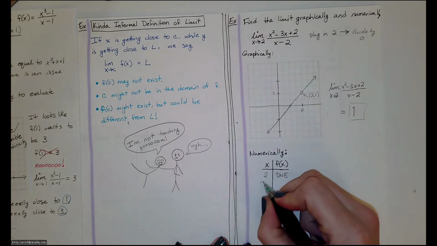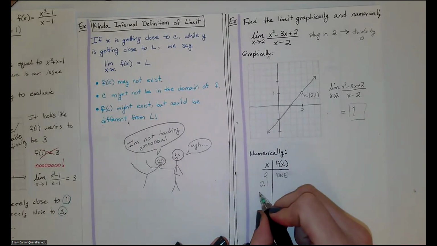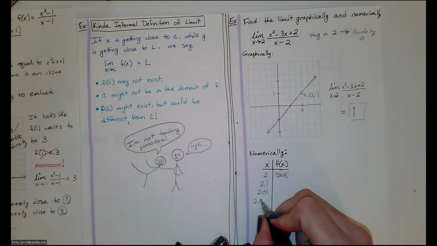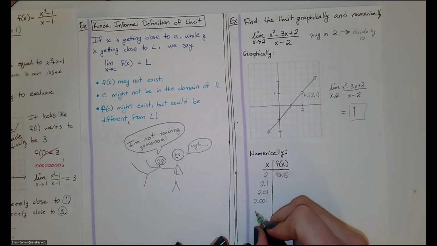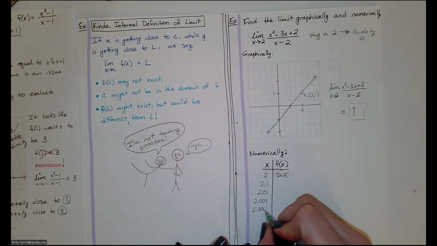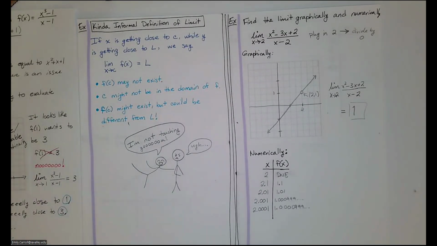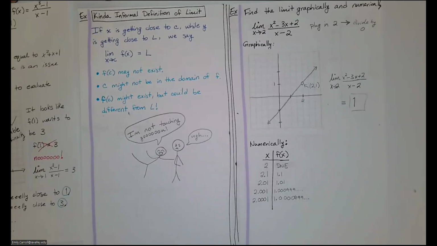Maybe we'll try 2.1, 2.01, 2.001, and 2.0001. And there's what happens if we evaluate that function at those numbers close to 2.